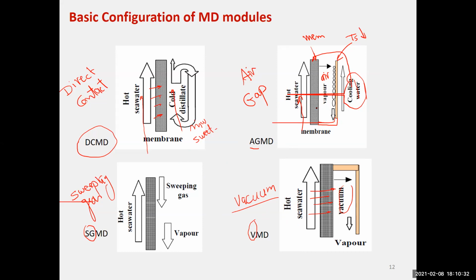What will happen? You are going to start having hot water passing here, vapor will form, and the vapor is going to cross the pores of the membrane, and then it is going to condense here in that place where you have air at relatively low temperature, in a small compartment, so air does not rotate.